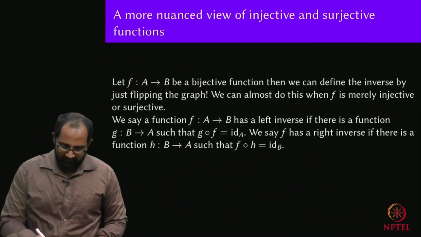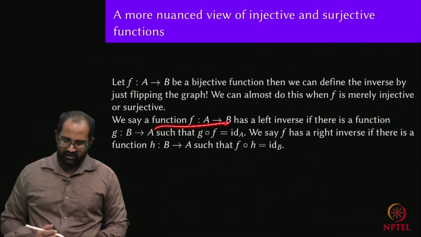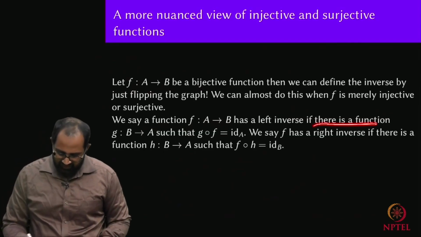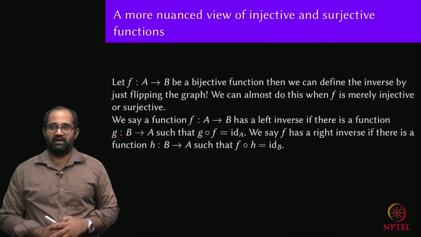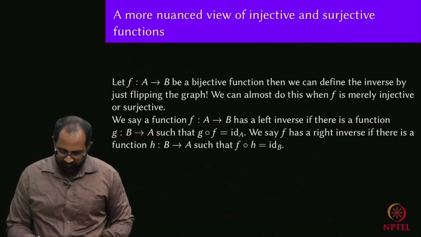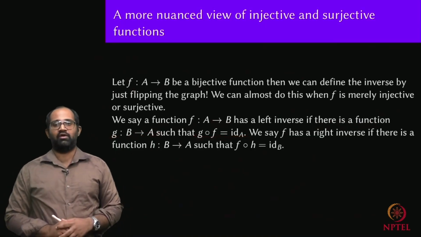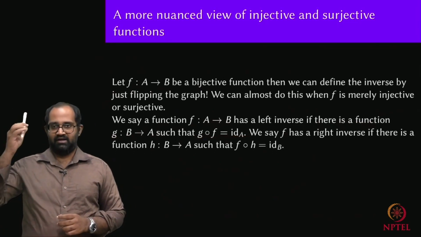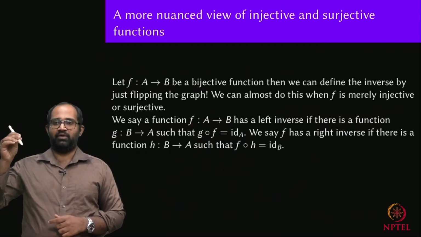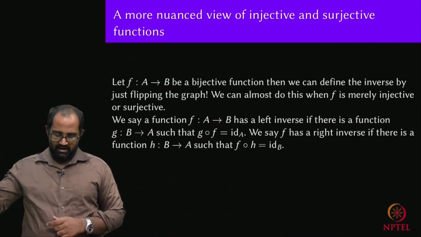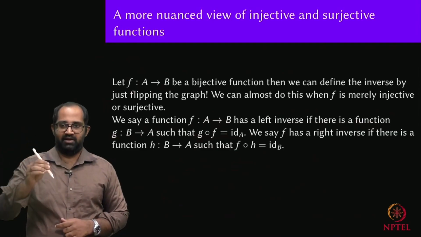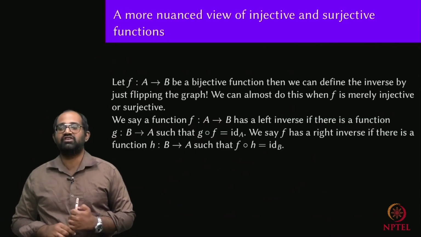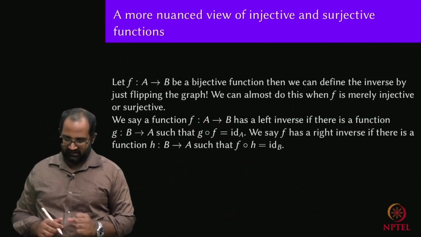Well, we say a function f from A to B has a left inverse if there is a function g from B to A such that g composed with f is the identity on A. That is, you start from the set A, via f you travel to B, then via g you travel back to A. Then you would not have travelled at all, you will be where you started off. That is what g composed with f equal to identity of A says.